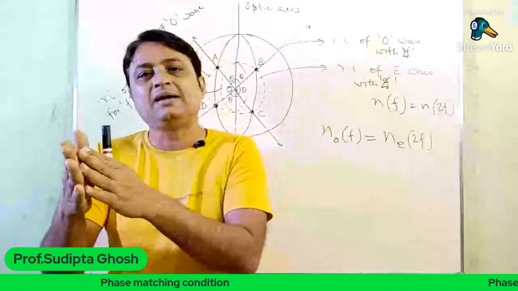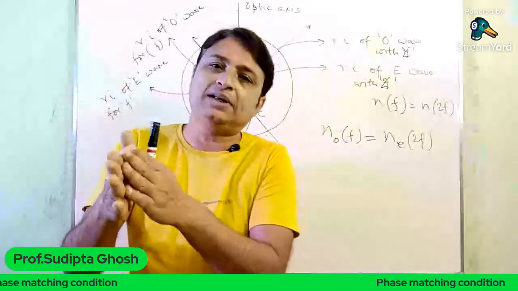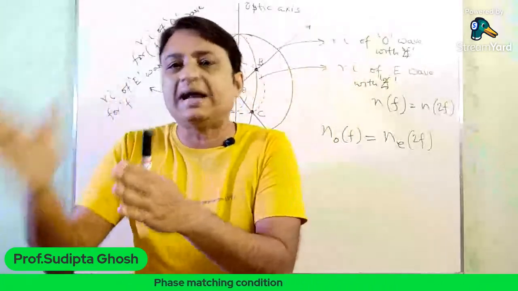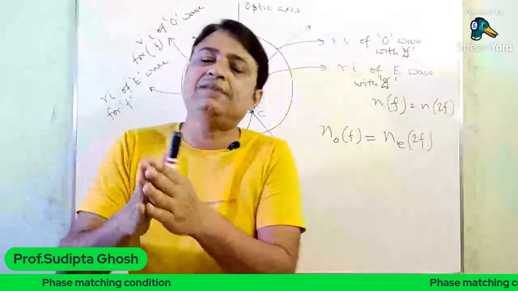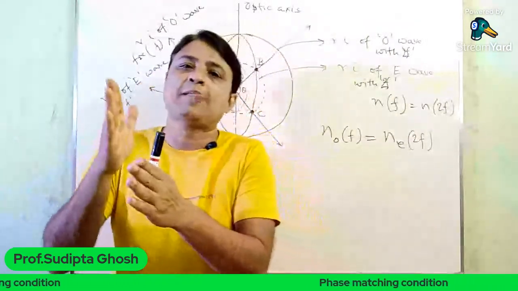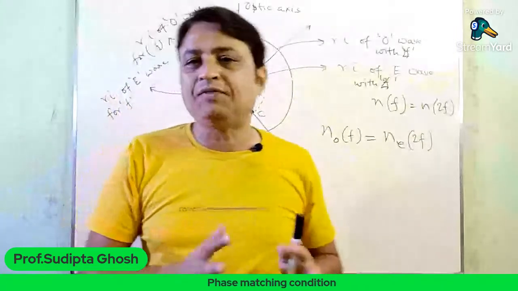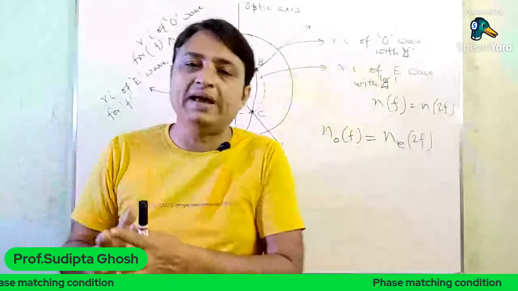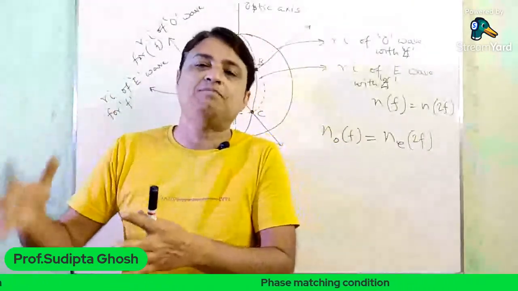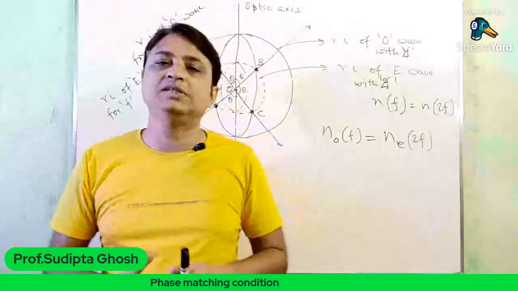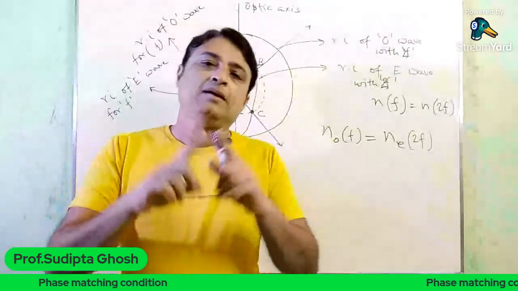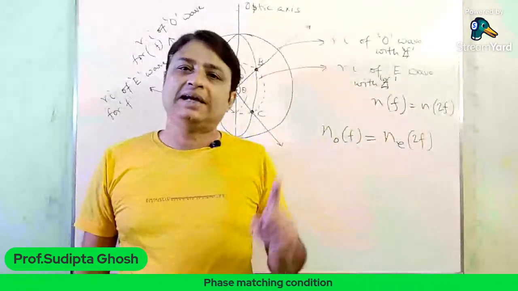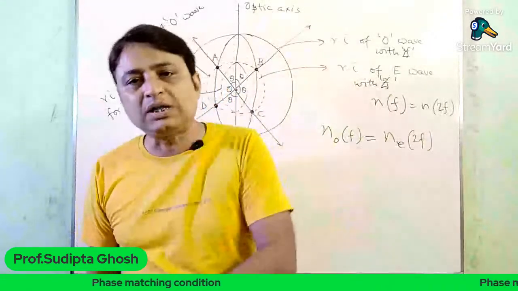Then this second harmonic wave, if it passes through another uniaxial crystal and has a sufficient amount of intensity, again a second harmonic wave must be generated, having a frequency of 4f. So overall, we can generate the second harmonic wave, the fourth harmonic wave, and so on.